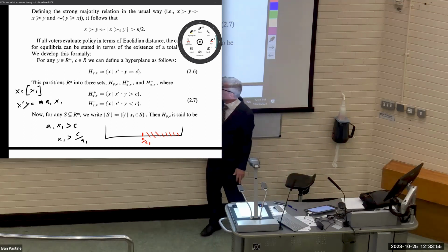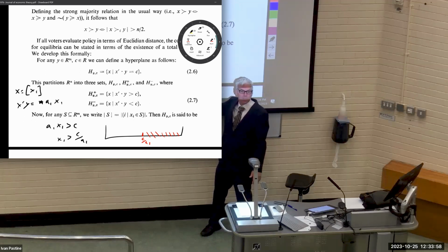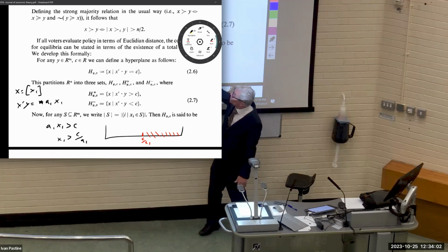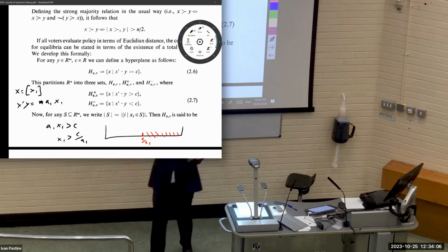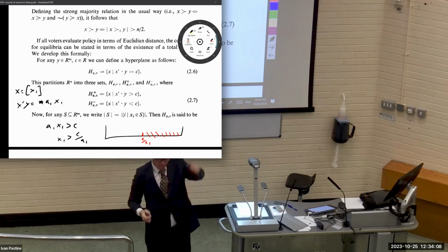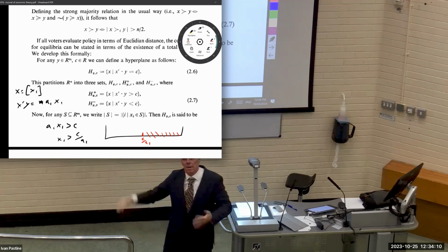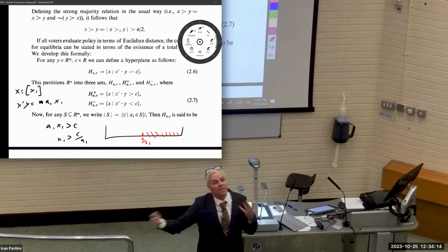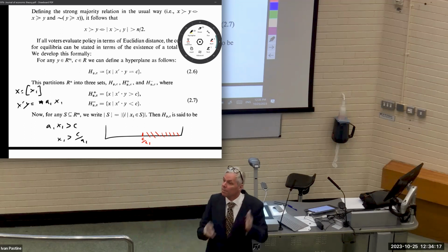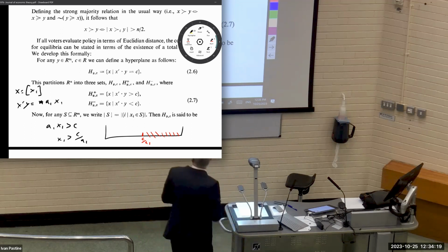All the stuff that's to the right of this cutoff, cut off by the hyperplane. And then this one is all the stuff that's to the left of that. If we had a line, it would be all the stuff above it and all the stuff below it. If we had a plane, it would be all the stuff above it, all the stuff below it. So it's going to count lots of stuff, not just the line, everything above, everything below. Okay.